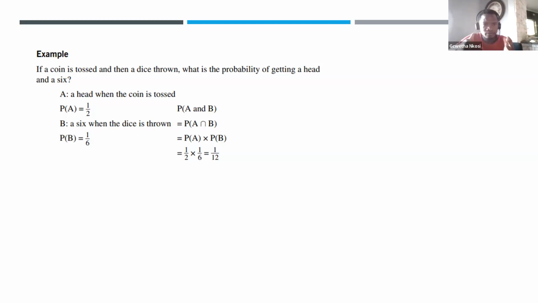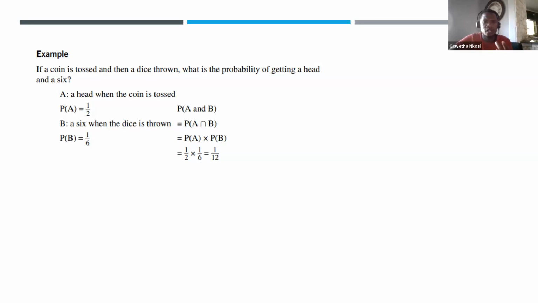So now the question is, what is the probability of getting a head and a 6? In the sample space of tossing the coin, what is the probability of getting a head? It should be 1/2 because you have two outcomes, one a head, one a tail.